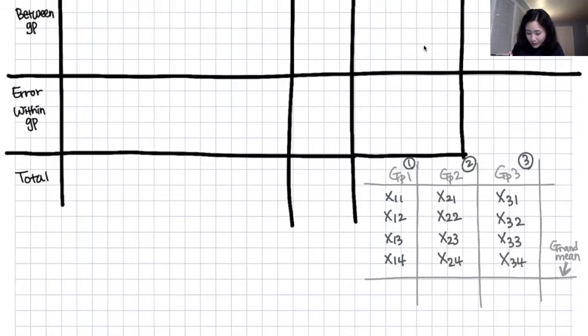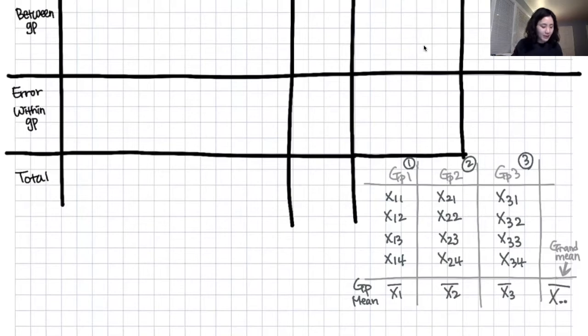And I will write the group means as X1 bar, X2 bar, X3 bar. And I will denote the grand mean as X dot dot bar.